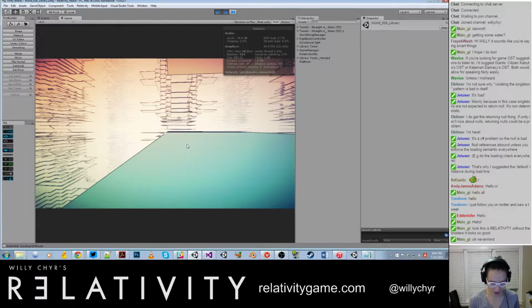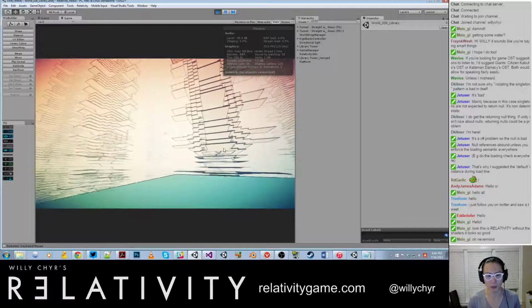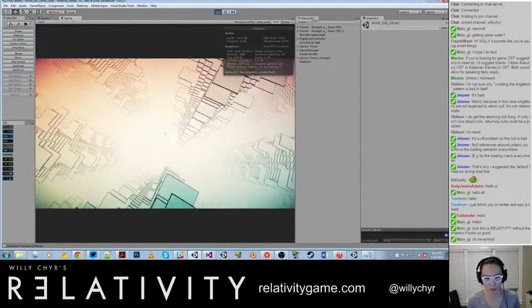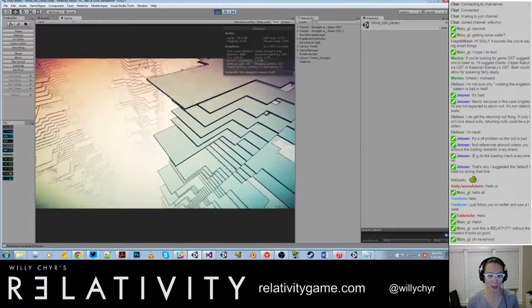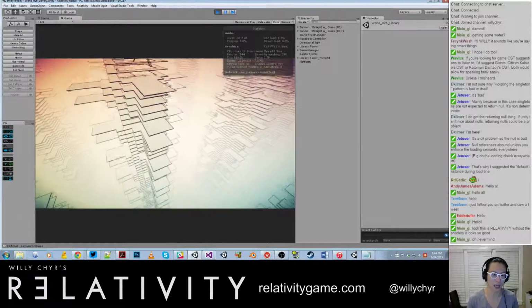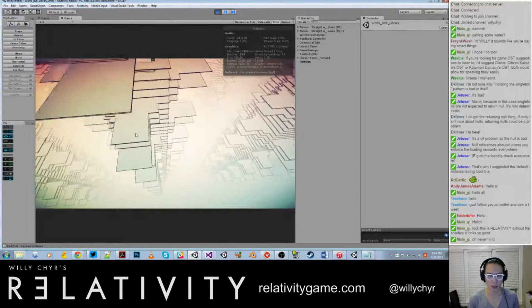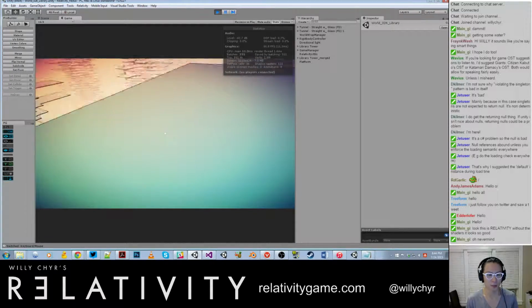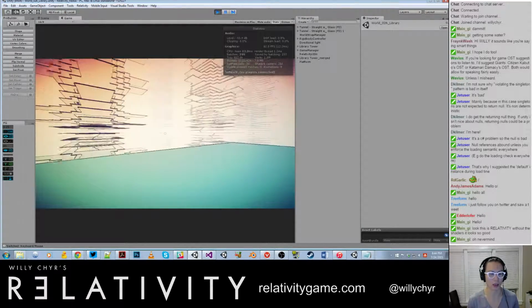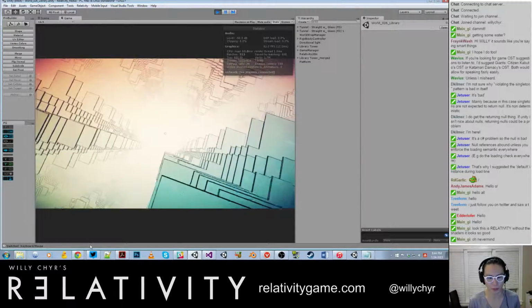Relativity without the shaders. Yeah, that's really only when I'm not in play mode. So one of the things that's going to happen is all of these pieces are going to connect to the bridge on the other side. I do want there to be parts where it feels like you're walking through a bridge across these towers.